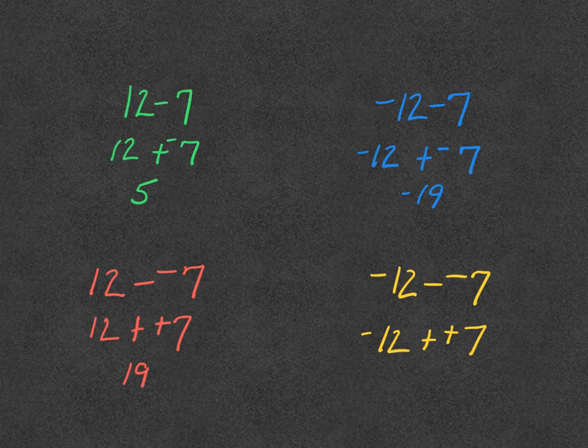Now my problem is different signs, subtract: negative 12 plus positive 7. So different signs we subtract. 12 minus 7 would be 5, and it's going to be a negative 5 because negative 12 is further from 0 than the positive 7.